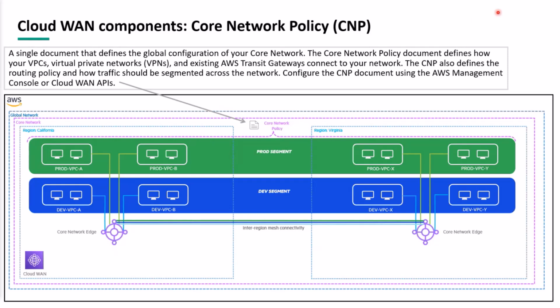You have to go to each region, click the transit gateway page, assign CIDR blocks to transit gateways and create them one at a time. In a Cloud WAN architecture, you create these core network edges in a single page. And when you apply that core network policy, AWS will go ahead and create these core network edges in the regions that you selected.